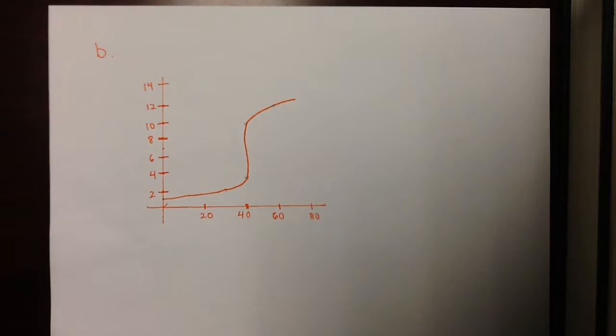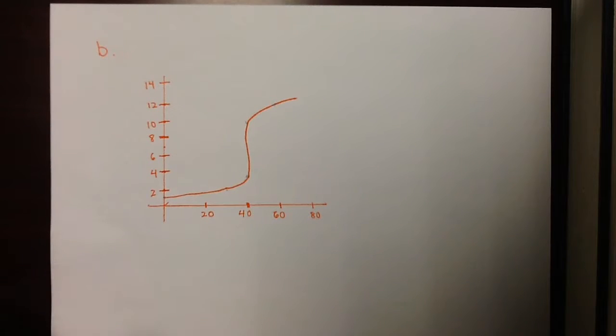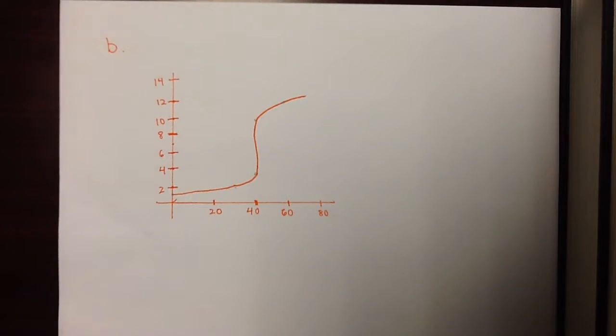First of all, an indicator is basically a weak acid that acts as a natural dye and it changes colors as the pH changes. So what we're looking at here is going to be an acid-base titration, where, like we look at in part A, you have an acid initially and you gradually add in NaOH as a titrant until you get the equivalence point where the moles of base equal the moles of acid and it's neutral.